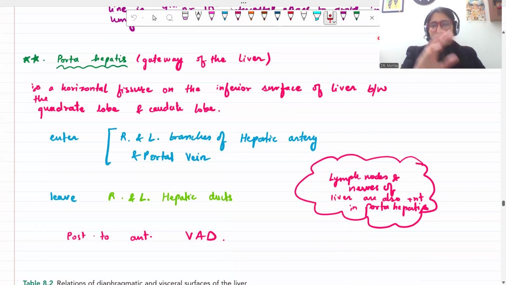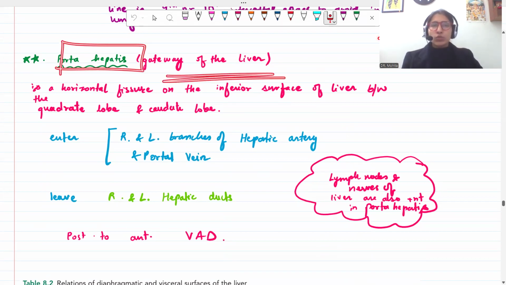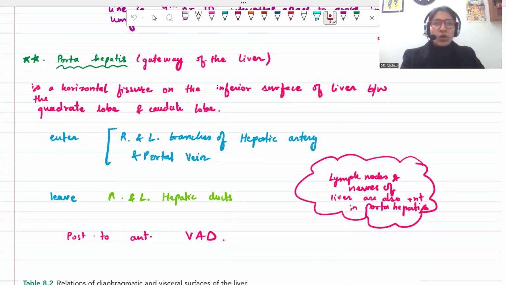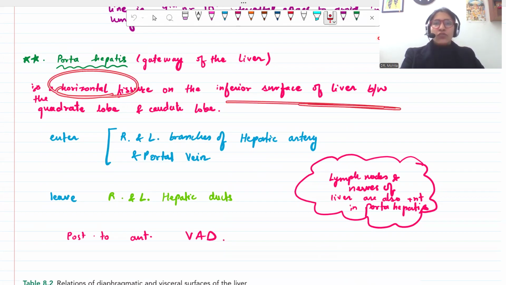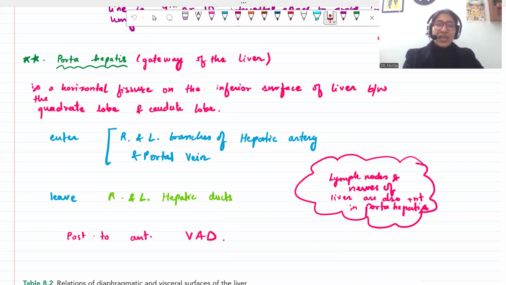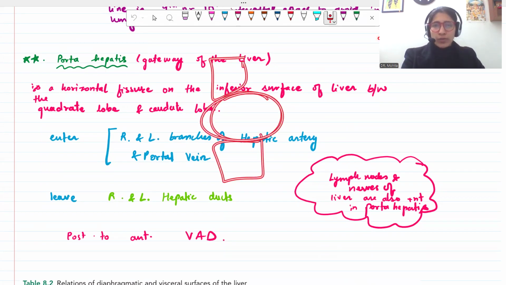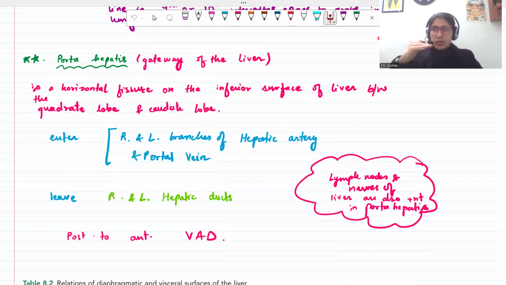Done. So talking about the porta hepatis, that is the gateway of the liver, I already told you. It is a horizontal fissure on the inferior surface of the liver between the caudate and quadrate lobe. If you remember, the caudate and quadrate lobe are divided by the porta hepatis only.